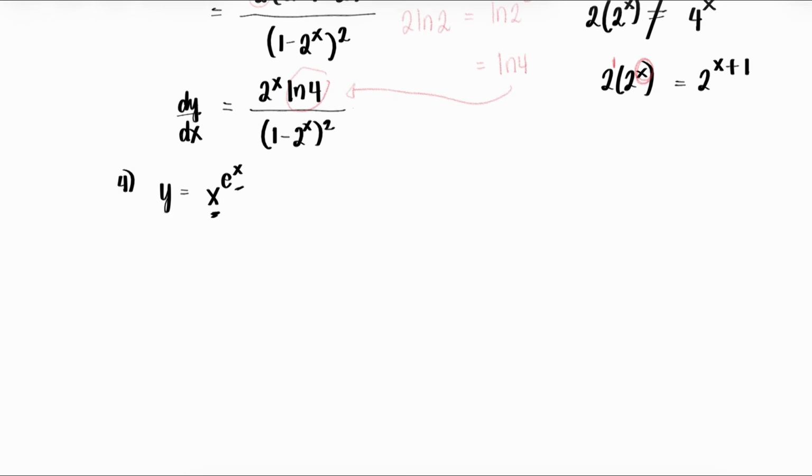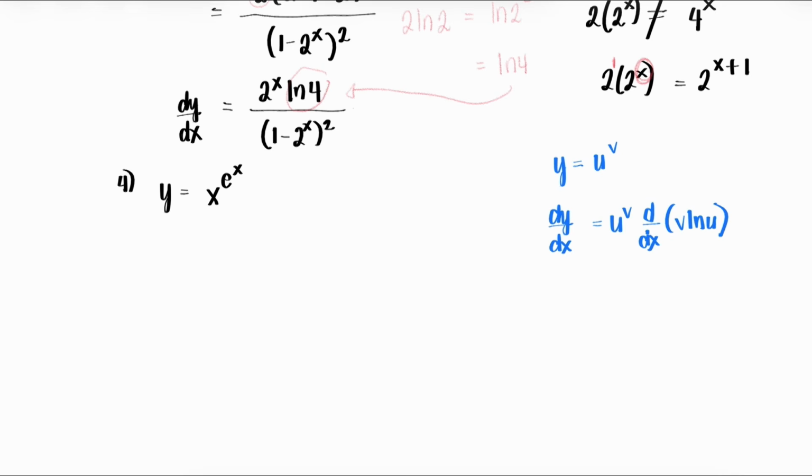So we recall for the logarithmic differentiation, the function is given in the form y equals u to the power of v. And remember that we can find the derivative dy dx by simply copying u to the power of v and multiplying it to the derivative with respect to x of v ln of u.